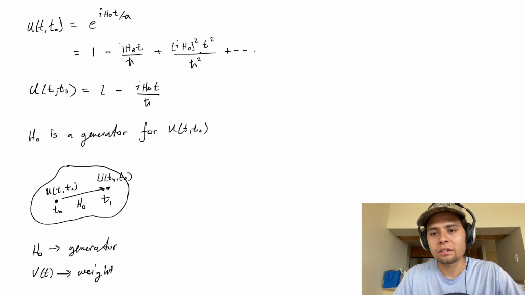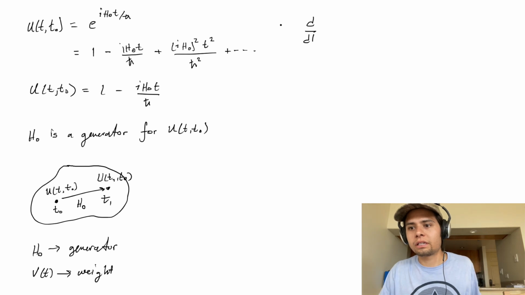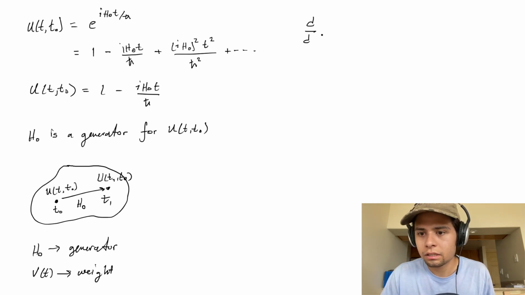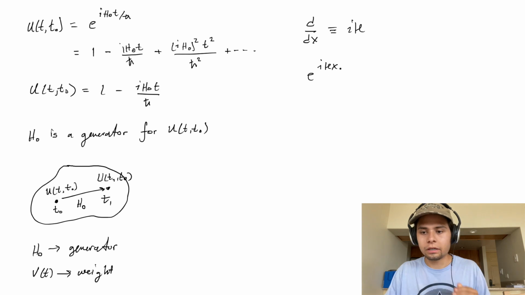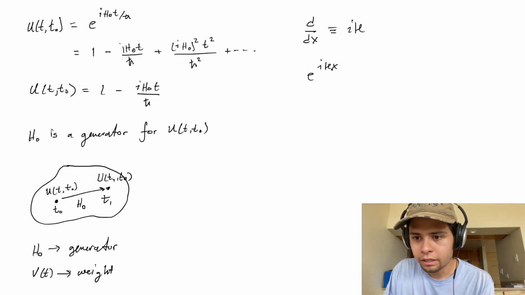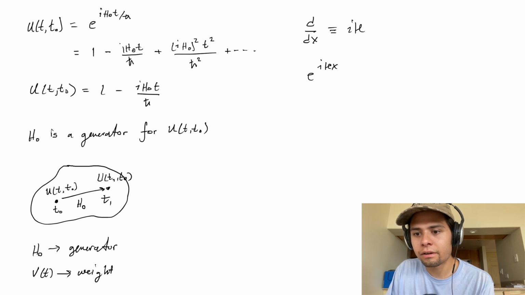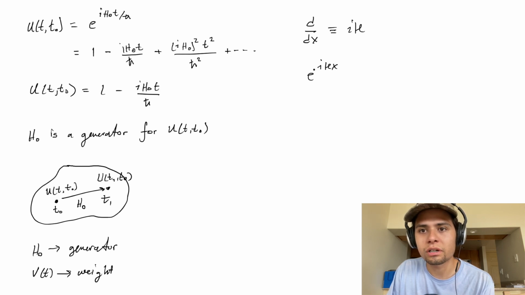And if we were to go back to some of our earlier lectures, when we said stuff like d/dx was equivalent to multiplying by ik, and we have this thing here, e to the i kx, if I remember correctly, when we're reading this kind of stuff, k is an eigenvalue, but it's also a generator here, if this is associated with some transformation.